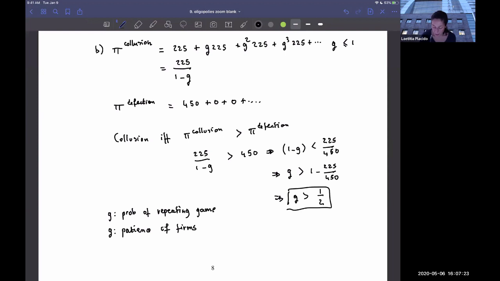So if this G is higher than 1/2, then the Nash equilibrium of the repeated game will be that both firms are going to collude forever after. So ultimately, the outcome of the game is going to depend on this value of G here.